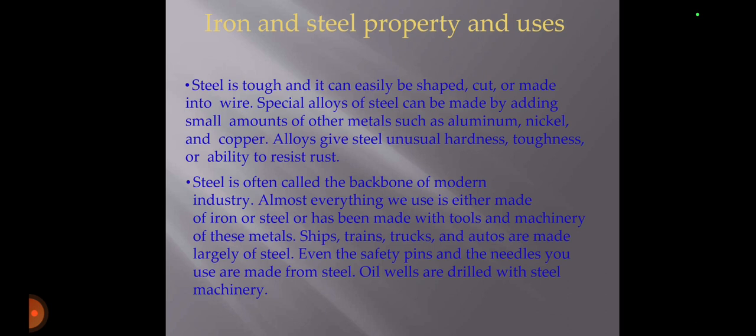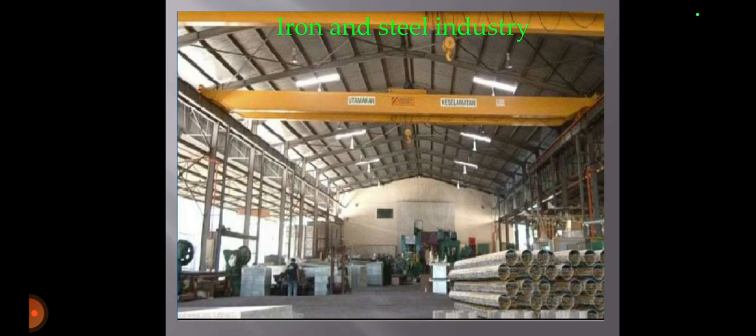Ships, trains, trucks and autos are made from steel. Oil wells are drilled with steel machinery. See the picture, iron and steel industry. And in India, Jamshedpur is the center of the iron and steel industry.